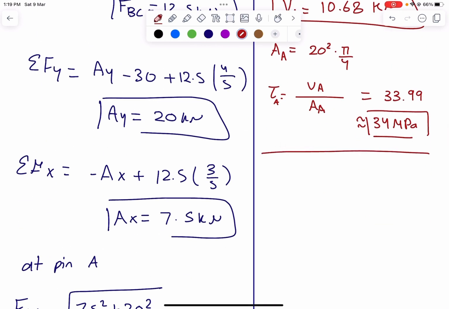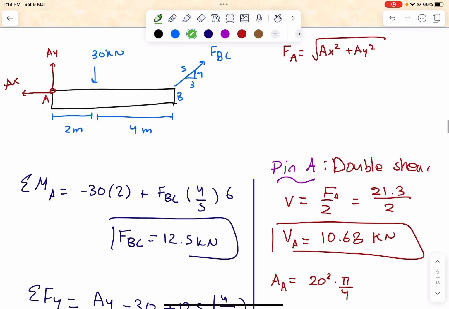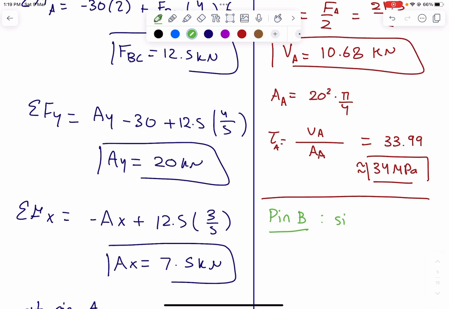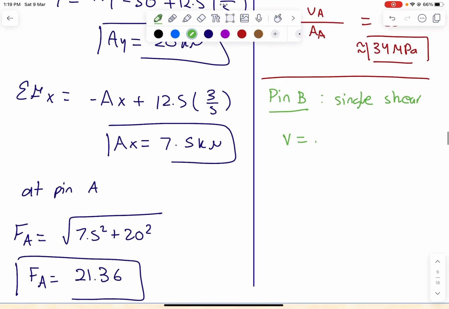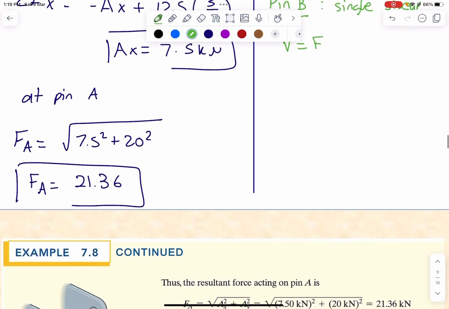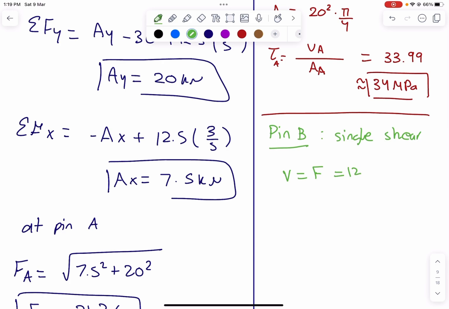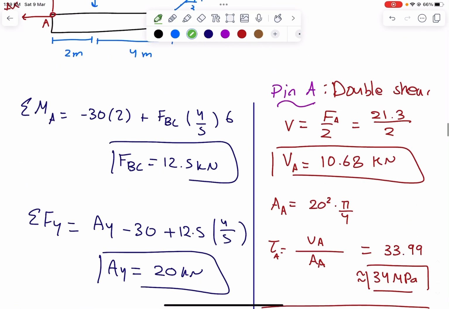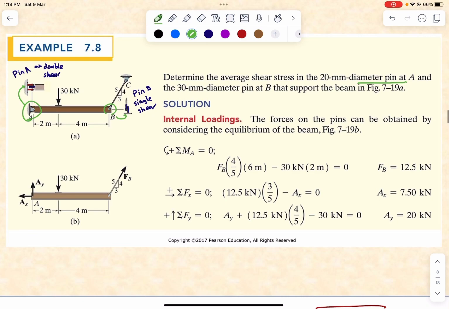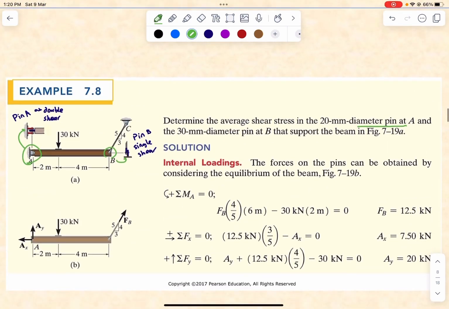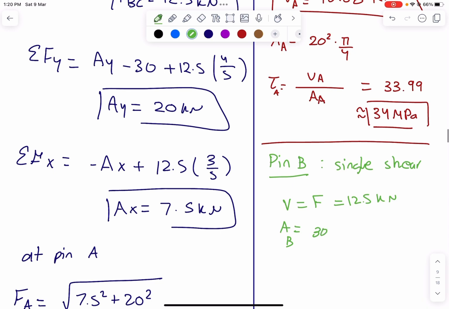Now we will move to pin B. In pin B, we said that we have single shear. So in single shear, V is equal to F. So what is FBC? It is 12.5 kilonewtons. And the area of B, the diameter is 30. So 30 squared times pi over 4.